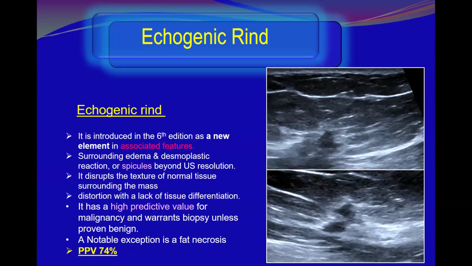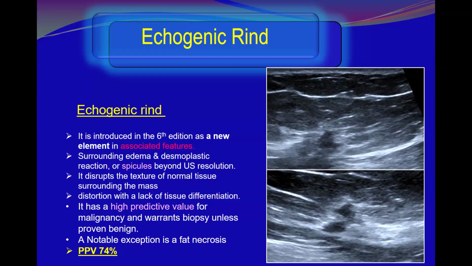So the echogenic rind was introduced in the 6th edition as a new element in associated features. Just to remind you, it can be due to edema, desmoplastic reaction, or spicules beyond ultrasound resolution. This reaction disrupts the texture of normal tissue around the mass.